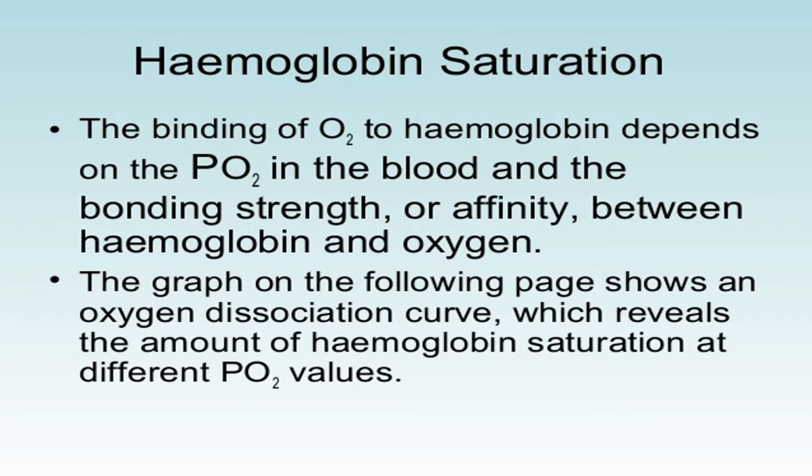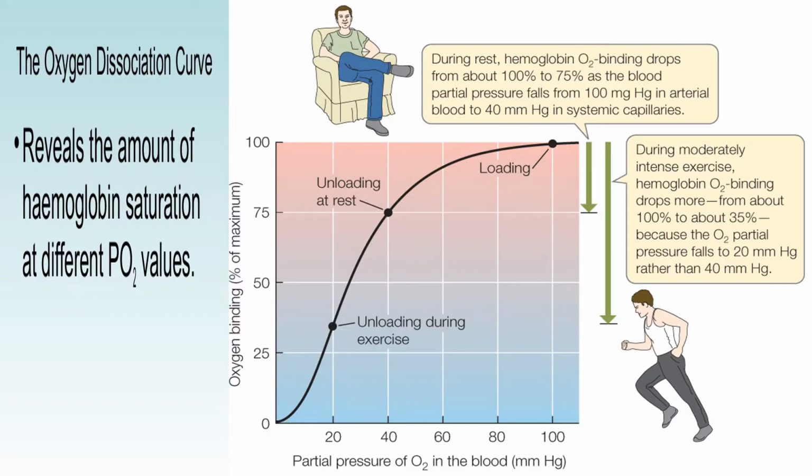So, coming to the hemoglobin saturation, either binding with oxygen and leaving out carbon dioxide, it depends upon the partial pressure of oxygen. When the partial pressure of oxygen is more than that of carbon dioxide, then hemoglobin favors to bind with oxygen, leaving carbon dioxide. So, the oxygen dissociation curves are shown at different levels.